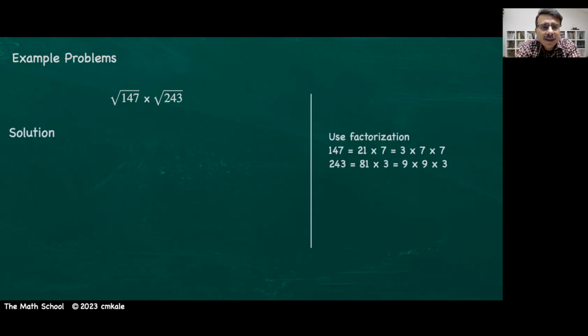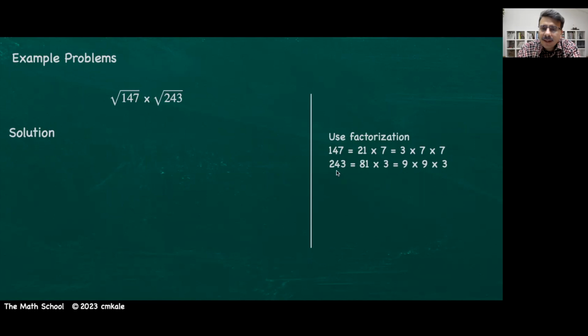So let us factorize. If you observe, 147 is divisible by 7. So you have 147 as 21 into 7, right? And then 21 itself is 3 into 7. So the final factors of 147 would be 3 into 7 into 7, which are all the prime factors. Similarly, 243 is divisible by 3.